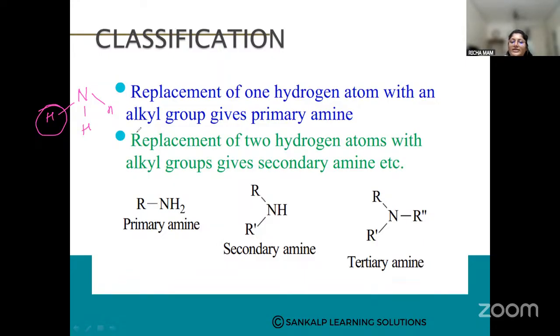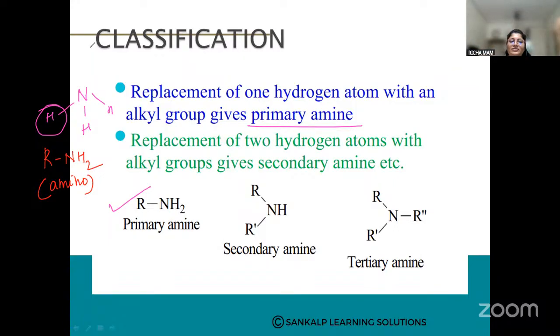Then it is called a primary amine. We generally represent the primary amine as RNH2. Here the functional group is the amino group.